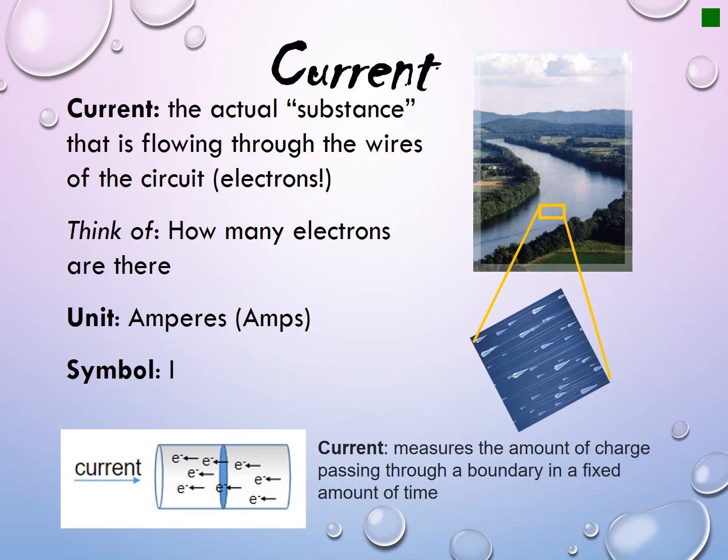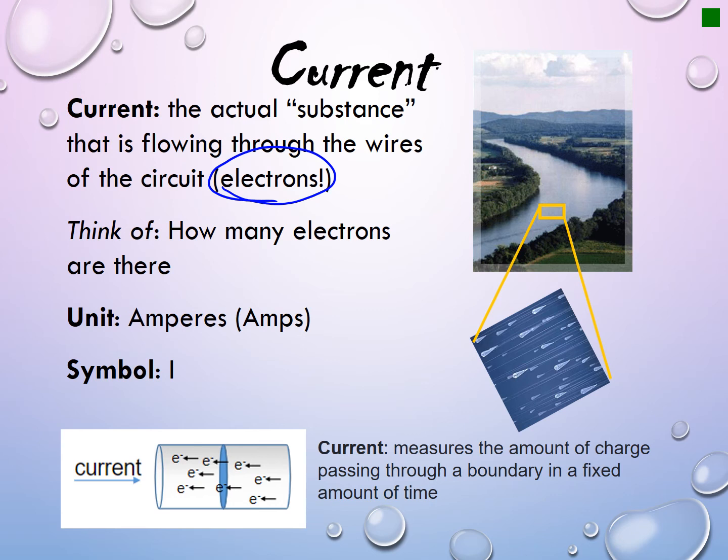Then we have current. Voltage is like the gravity of a waterfall. The water particles themselves are like your current. What is current when it's talking about electricity? It is the electrons. You can also think of water current: how much water you have, how fast it's going. It's the water particles.